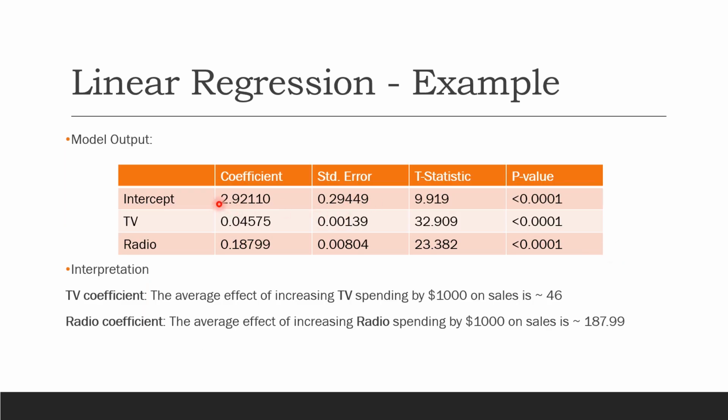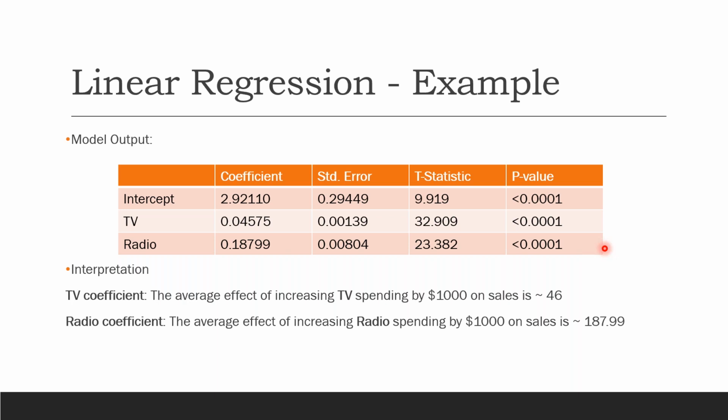So the coefficient for the intercept is 2.92110, the coefficient for TV is 0.04575, and for radio is 0.18799. The p-value for both of these is less than the usual threshold of 0.05. Hence, both these variables are significant.